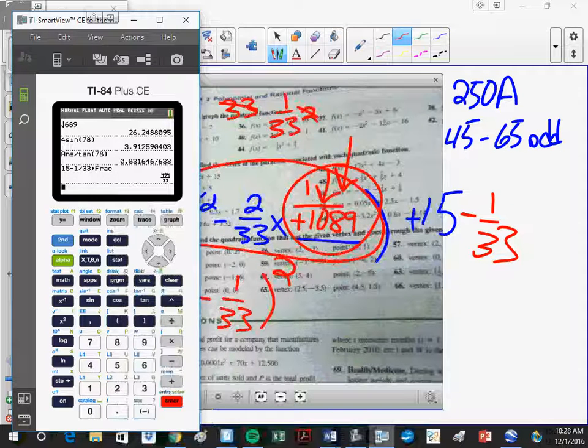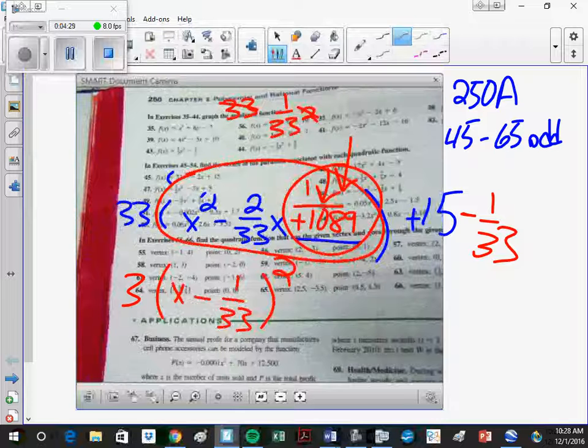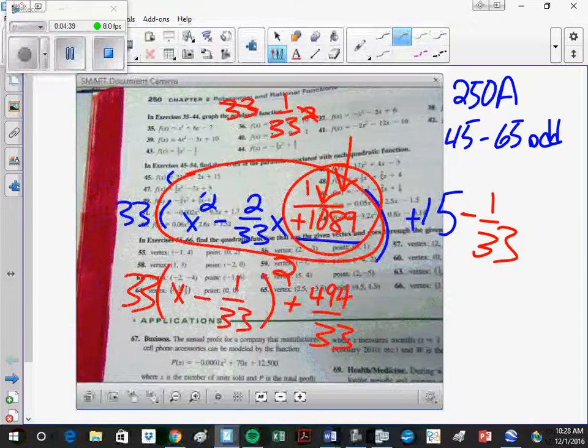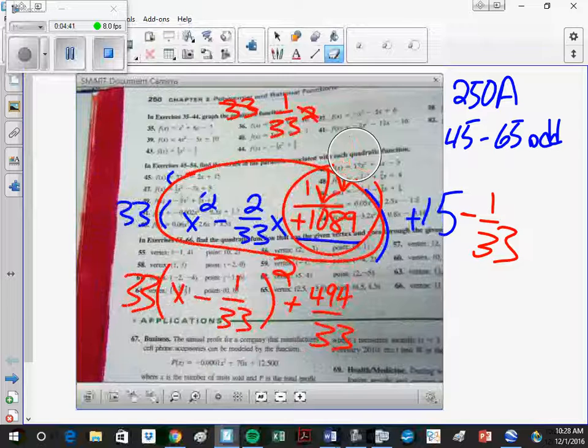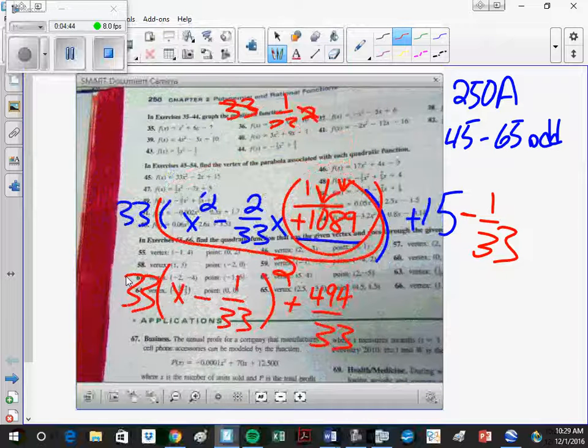So 494 over 33. So there's a 33 out front, and then 494 over 33. And the question asks, find the vertex of the parabola. So where is the vertex?